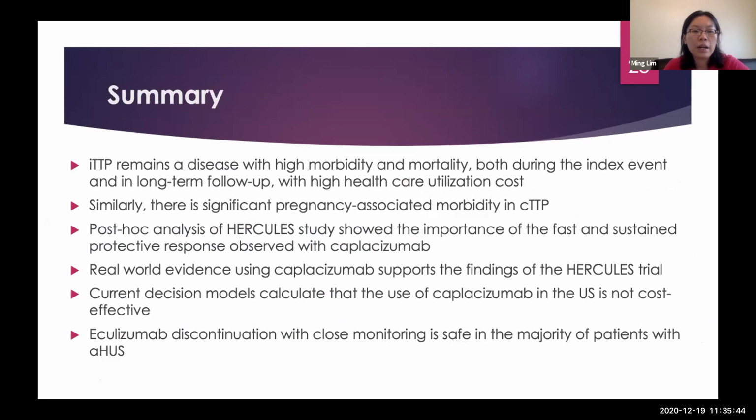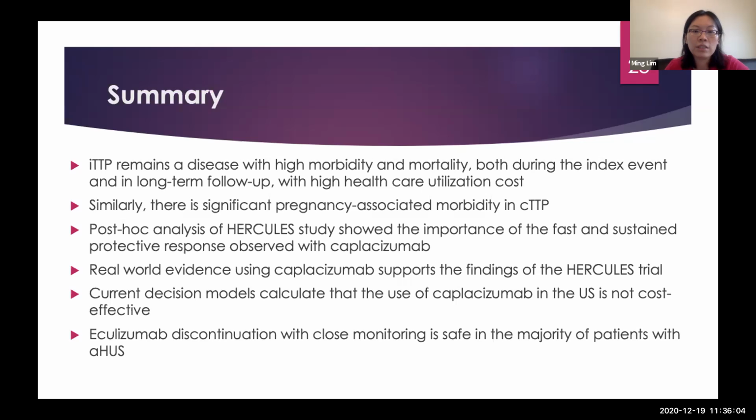So in summary, based on what we've seen at ASH this year, TTP remains a disease with high morbidity and mortality, both during the index event and in long-term follow-up, and has very high healthcare utilization costs. Similarly, there's very high prevalence of pregnancy-associated morbidity in congenital TTP.